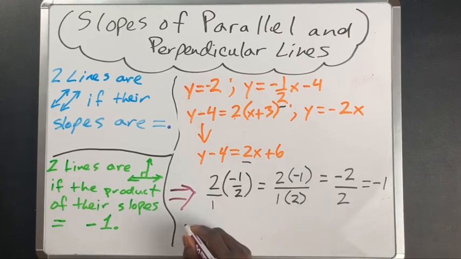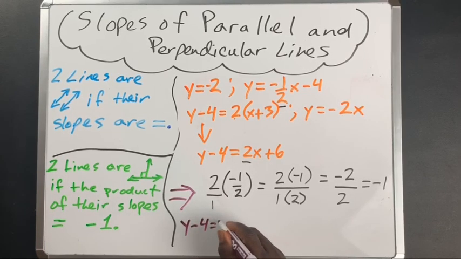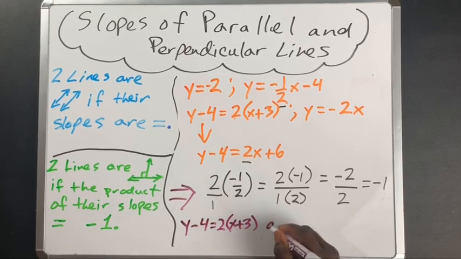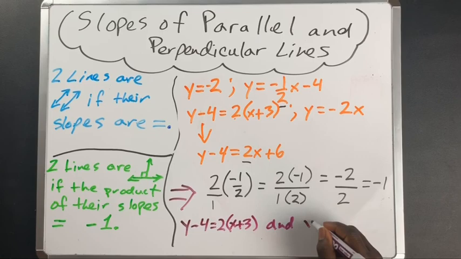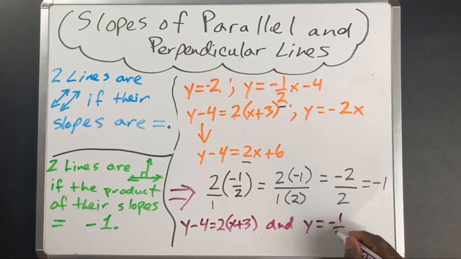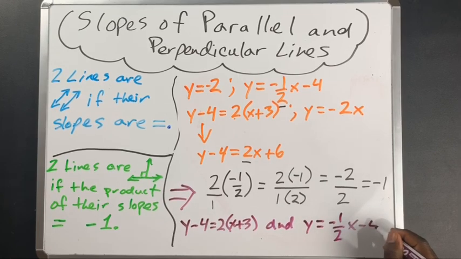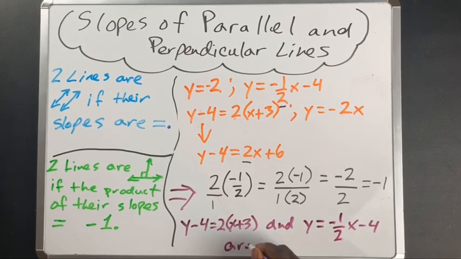So our final answer is y minus 4 equals 2 times the quantity x plus 3, and y equals -1/2 times x minus 4, are what? You got it. They're perpendicular. And some people will go ahead and put that square there to communicate that the two lines are perpendicular.